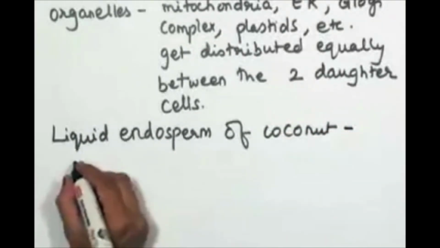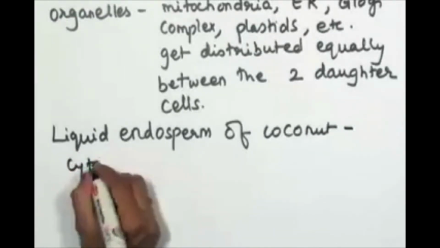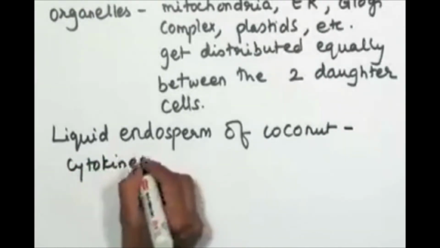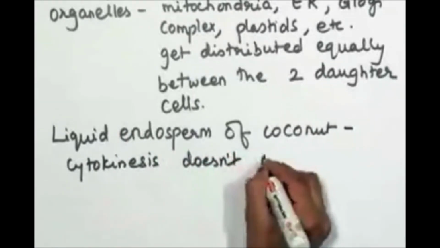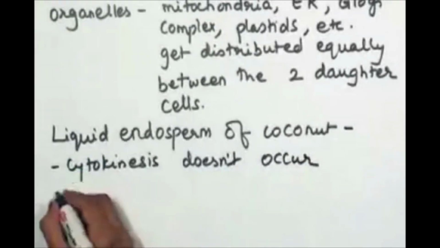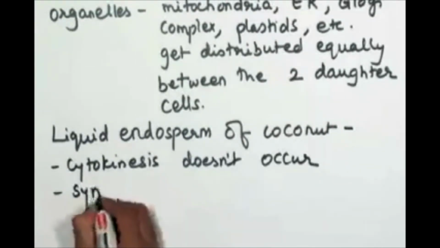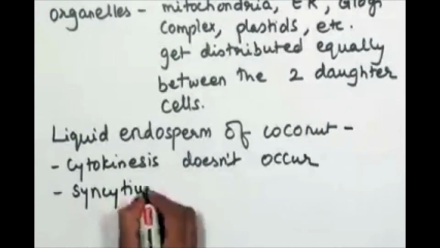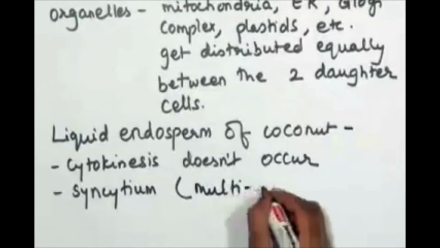So in this, cytokinesis does not occur, only karyokinesis occurs, and because of this, it attains syncytium. Syncytium means multinucleate condition.